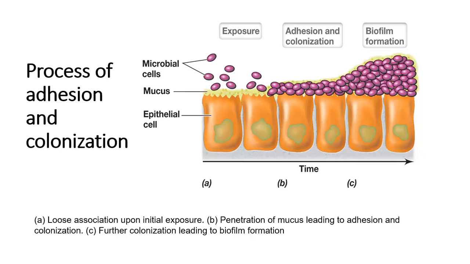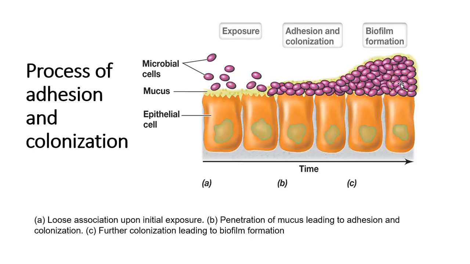You get this exposure. Let's suppose you get some staph on your arm. There's the staph. You're exposed to it. All right. There's your mucosal layer. There's your epithelial cells. And because of the staph, they can adhere to this tissue, begin to reproduce, and it can lead to a biofilm.